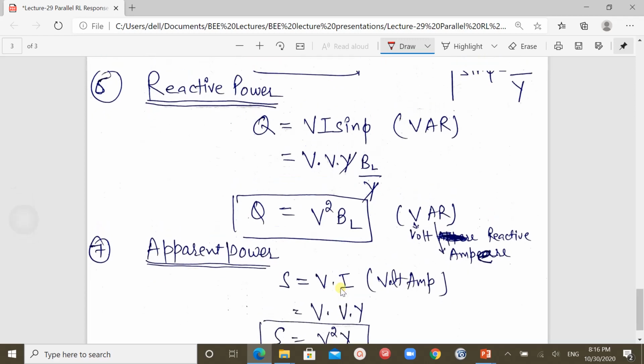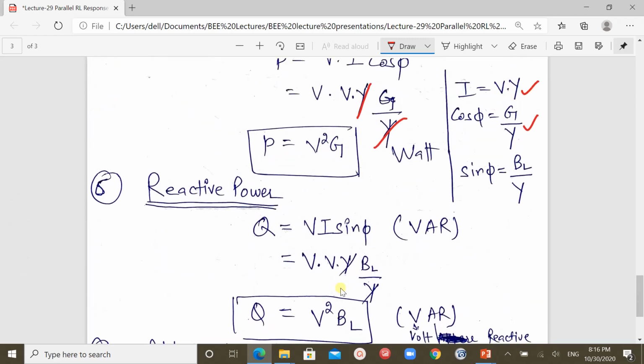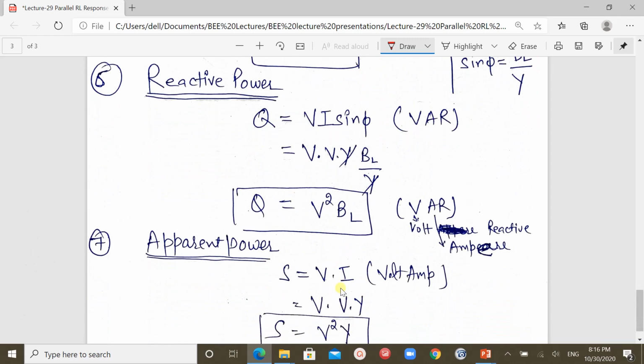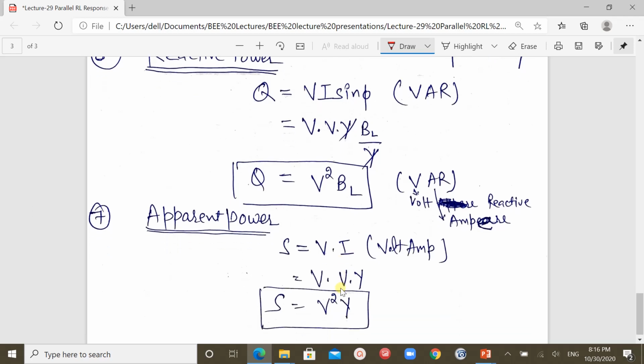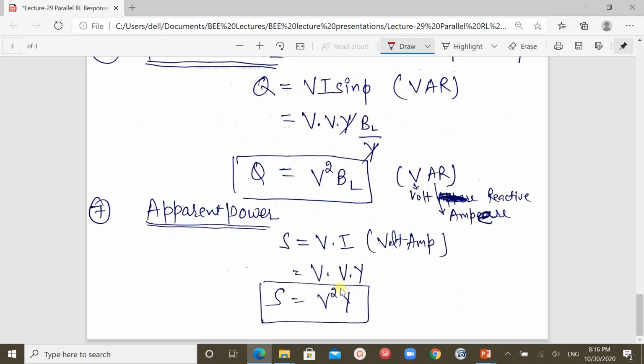And here again we put the value of I, that is VY. So Y and Y cut down, put the value of sin phi also, and it will become V square into BL. And the next one is apparent power. S is equal to VI, the unit is volt ampere, and we put the value of I, V into Y. So it becomes S is equal to V square Y.